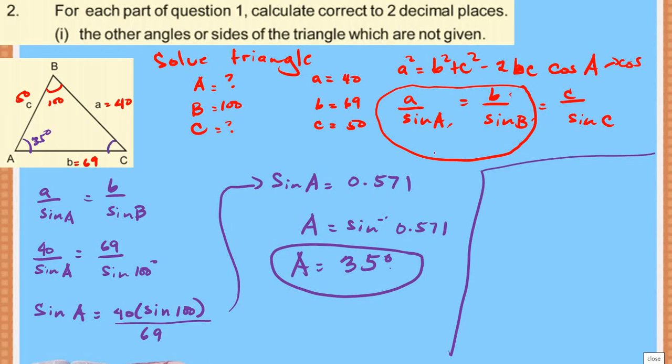Therefore, if we solve for angle C, then that would give you 180 minus 100 minus 35, and that should be 45. This should be 45 degrees.